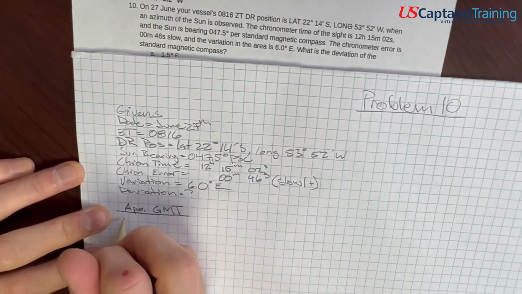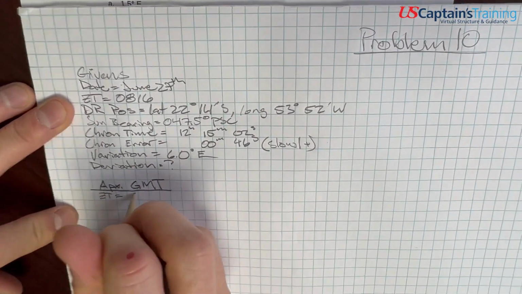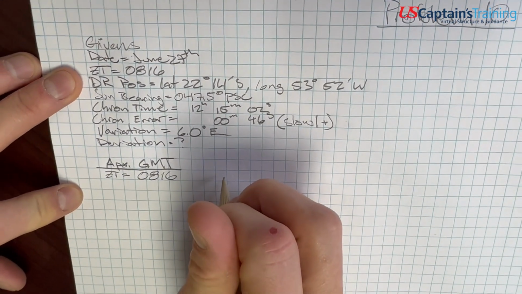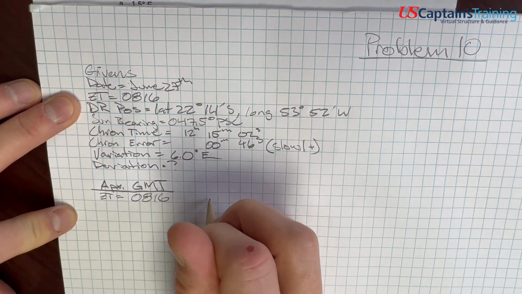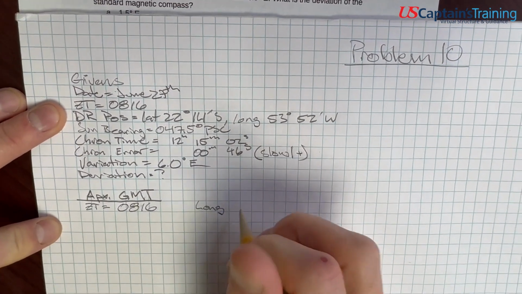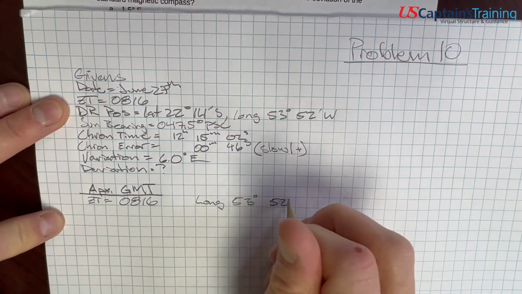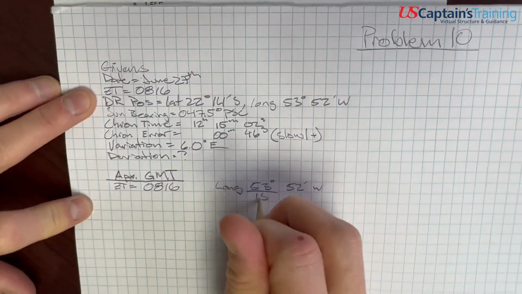So we take the zone time, which is equal to 0816, and we need to figure out how far away we are from Greenwich Mean Time, or the prime meridian. You can take your longitude, which is 53 degrees 52 minutes west, and divide the degrees by 15.